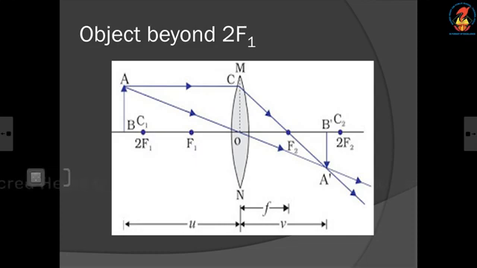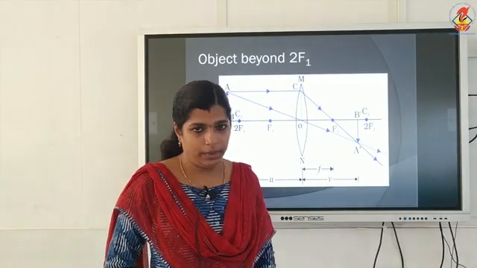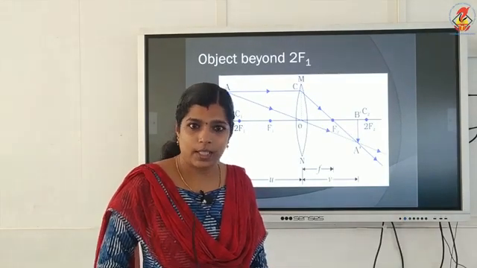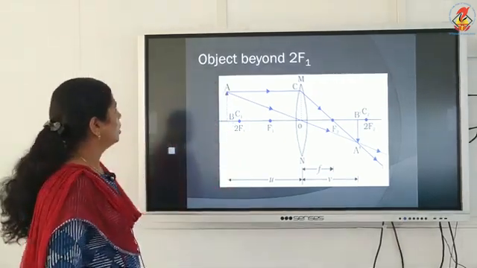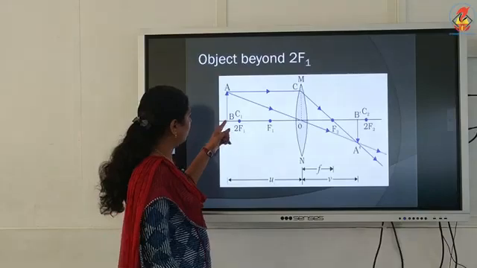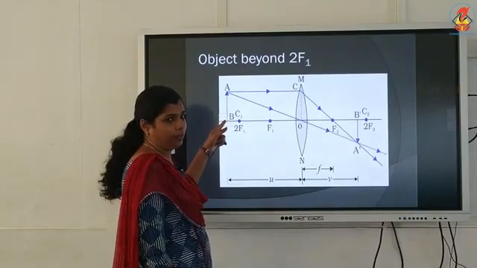So 2F1 means C1 and 2F2 means C2. Okay. In your textbook it's given 2F1 is C1, 2F2 is C2. So the object is beyond 2F1.